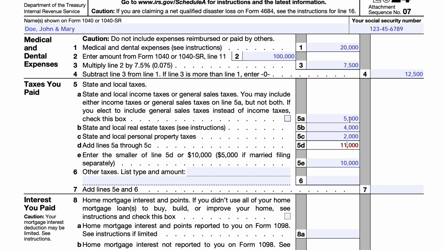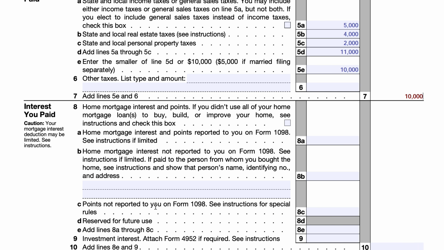But if you did do that, you would use Schedule 3, line 1 to report your foreign tax credit, which you would calculate on IRS Form 1116. So let's just say that in this case, they don't have any of those taxes, so our limitation is $10,000.